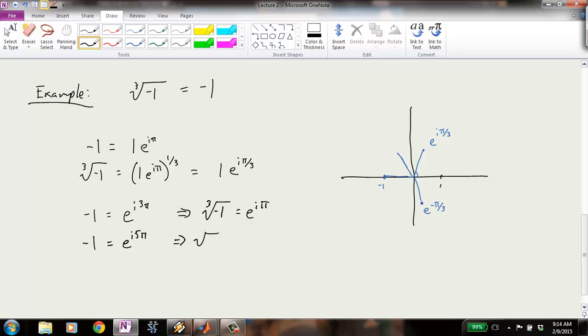Therefore, the cube root equals e to the i 5/3 pi, and that will be the same as e to the negative i pi over 3. Oh, there needs to be an i in there. All right. Good.